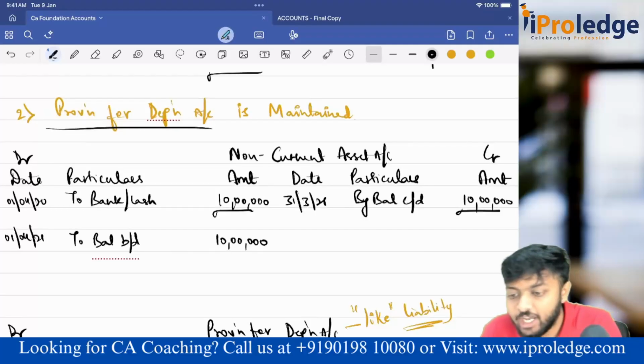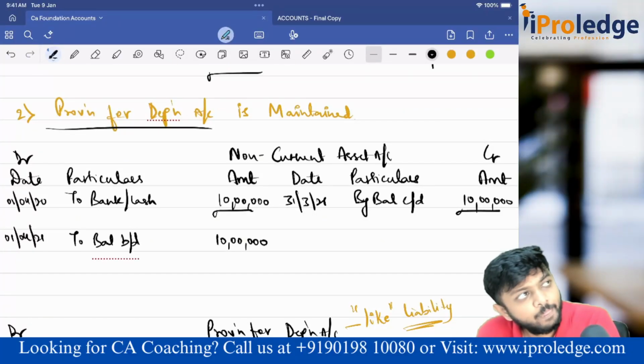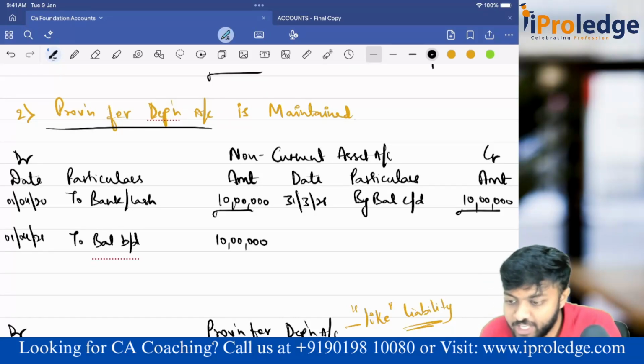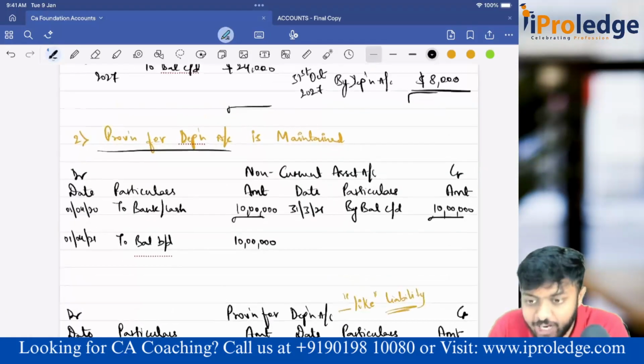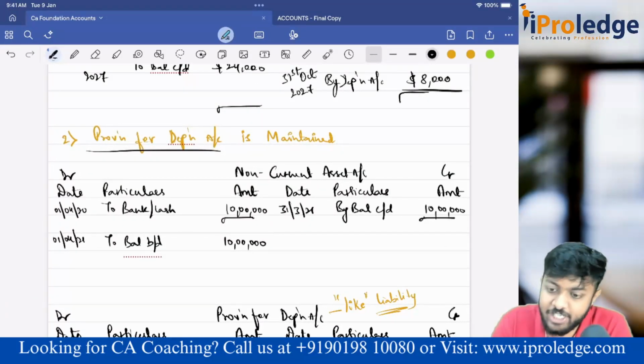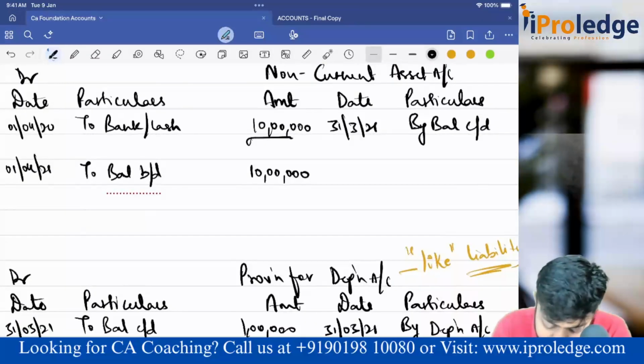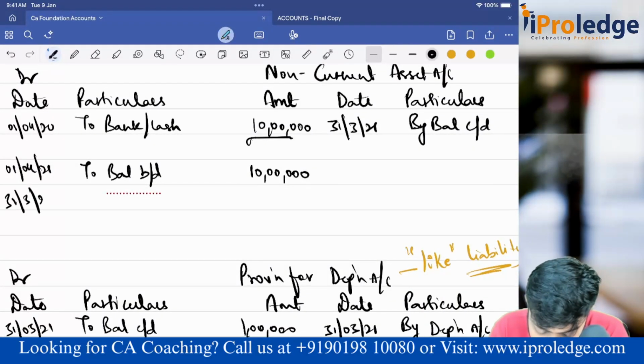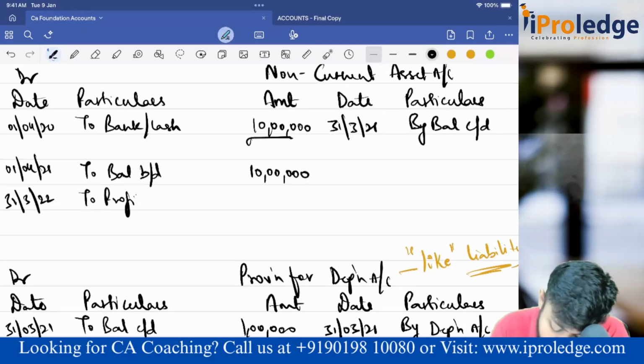All that we are doing is in the non-current asset account. What did I say? First, give depreciation till the date of sale, that I have given. Second, calculate profit or loss; profit comes on the debit side, loss on the credit side. Since it is profit, it comes on the debit side: profit on sale.